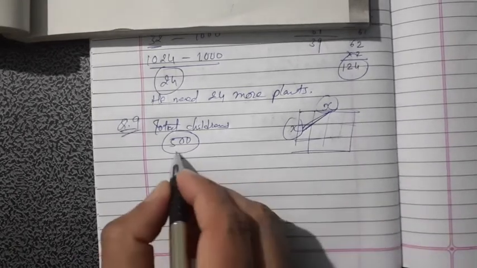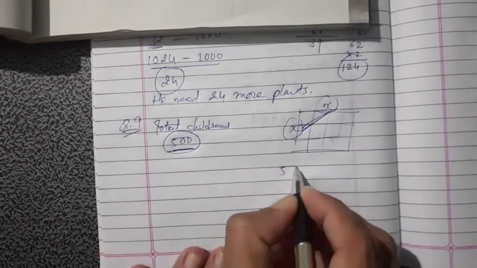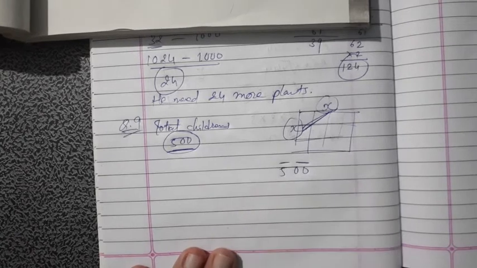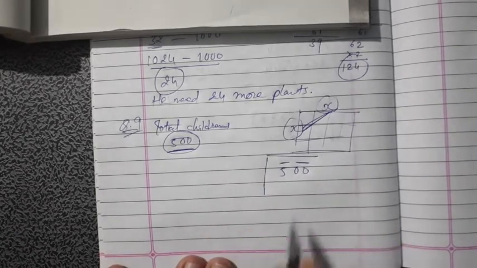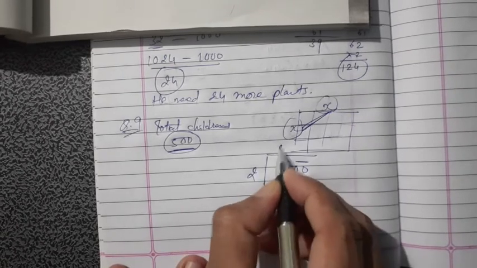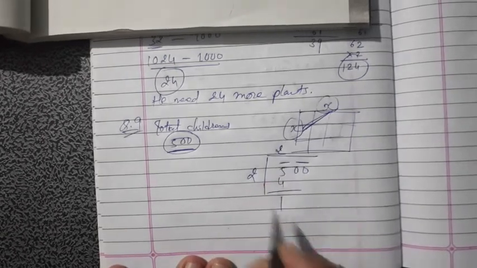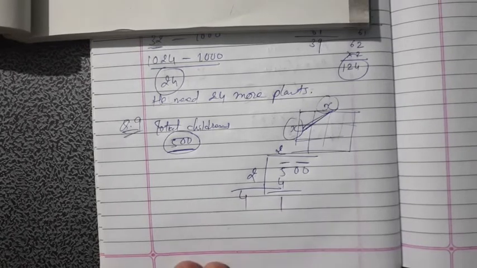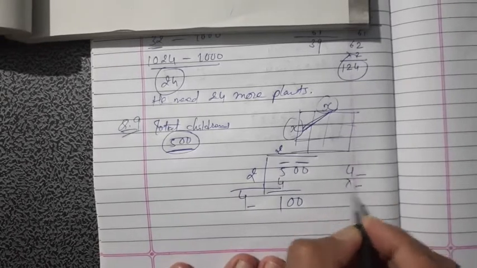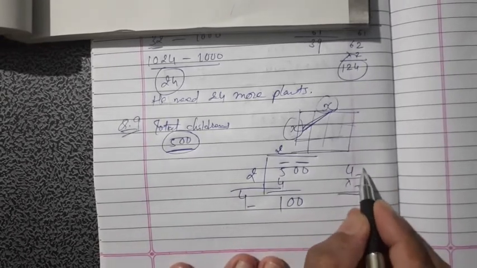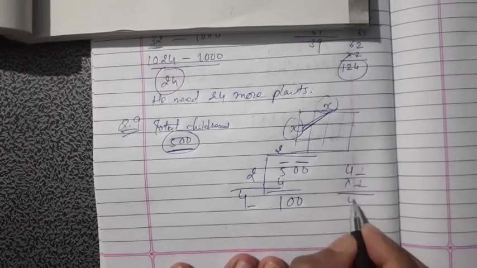So just take 500, make pairs, and divide. 2 twos are 4, and the remainder here is 1. Double of 2 is 4, and two zeros come down. 4 dash into dash. If we take 1, 41 ones are 41.